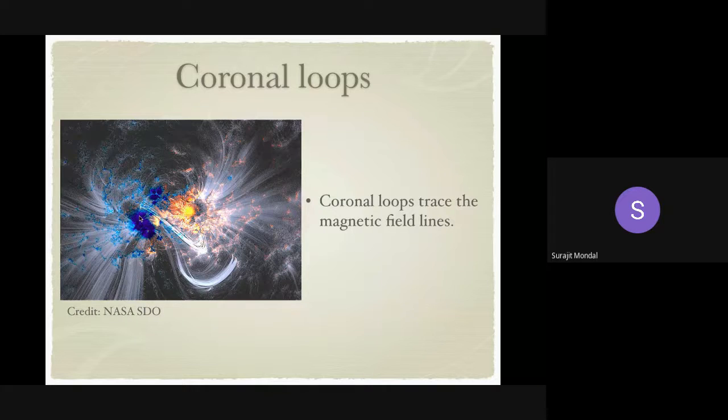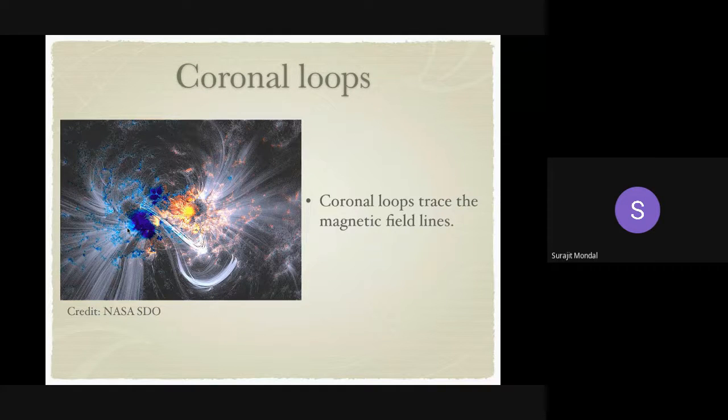So these coronal loops actually trace the magnetic field lines. So in some sense, you can imagine that these are the magnetic field lines which are emanating from these two sunspots. It is evident that the magnetic field geometry here is quite complicated. You cannot describe it by a simple model, for example, the dipole model or quadrupolar model.